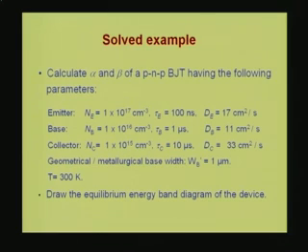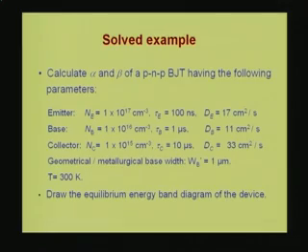The corresponding parameters in the base are doping level 10 power 16 per centimeter cube, minority carrier lifetime 1 microsecond, and diffusion coefficient of minority carriers 11 centimeter square per second. In the collector, the doping level is 10 power 15 per centimeter cube, the lifetime of minority electrons is 10 microsecond, and the diffusion coefficient of these electrons is 33 centimeter square per second. We shall assume that the device has a geometrical or metallurgical base width of 1 micrometer. The temperature is 300 K.